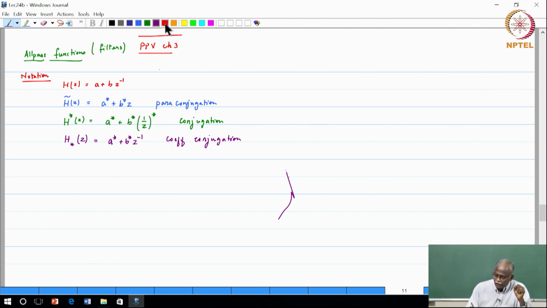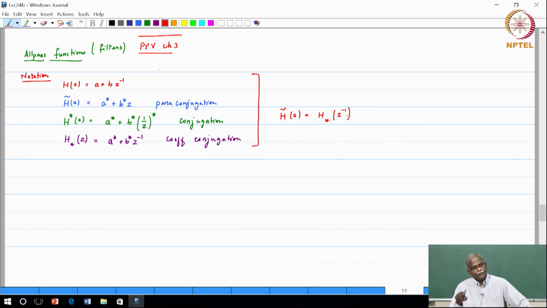Using these as components, I would like you to verify that H tilde of Z can be written in 2 ways. The first is to do the coefficient conjugation and replace Z with Z inverse.